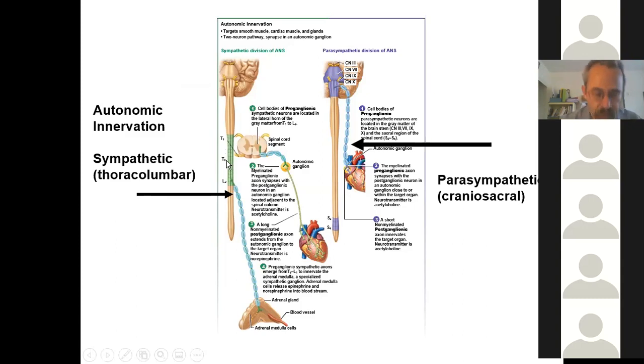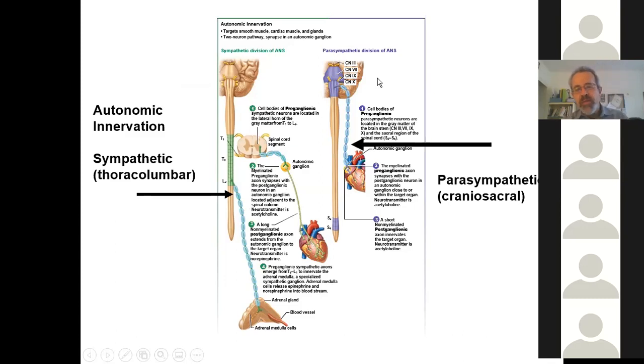And you can see, for example, here we've got a single neuron. There's the preganglionic neuron. And there is the postganglionic neuron, right? The adrenal medulla, we're going to ignore that. That's what I mentioned, there's an exception to the rule. So let's just focus on the regular, normal pathway. So we've got preganglionic, postganglionic, sympathetic.